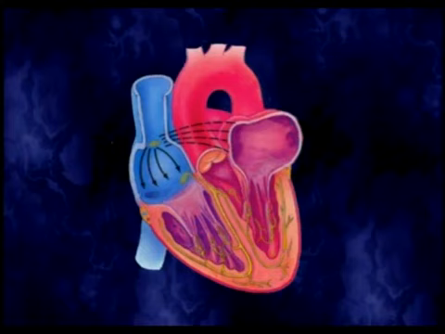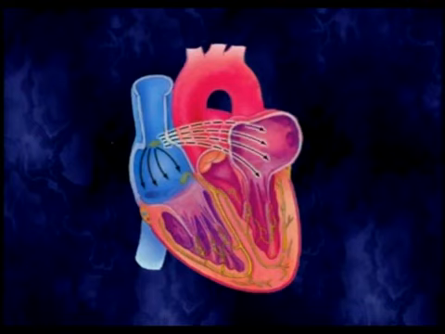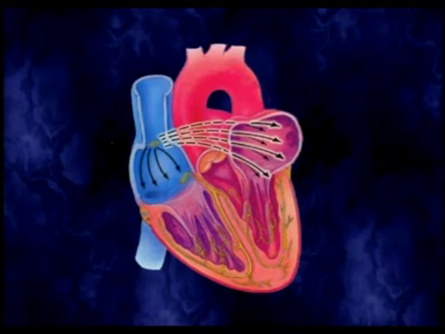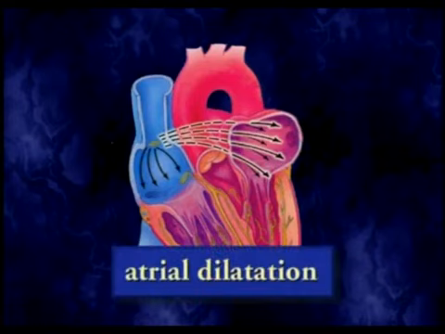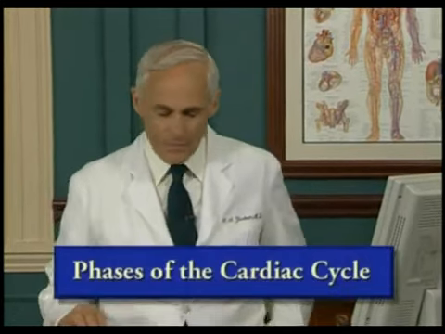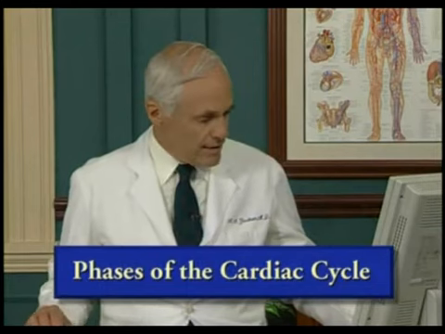So what happens to that patient? Well, the first thing that happens is the patient may faint. A patient who has complete heart block or partial heart block may slow the rate so far down that the brain isn't getting enough blood or oxygen.